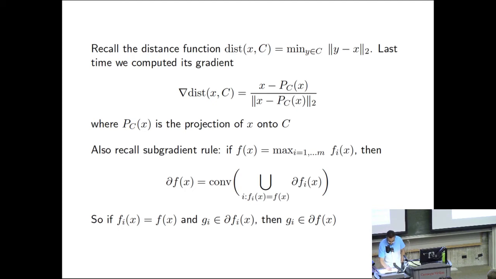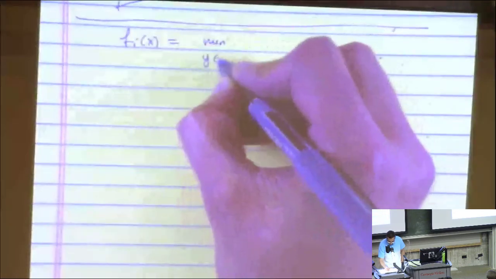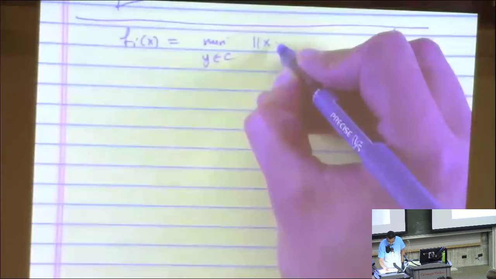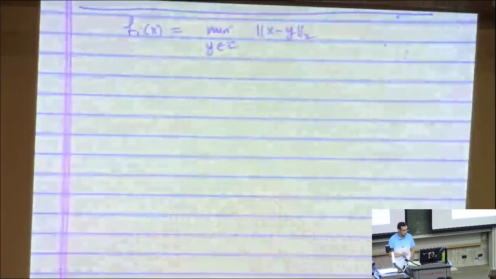So let's think about each one of these functions, f_i of x, which is the minimum over all y in the set C_i of the distance between x and y. This was the distance function.